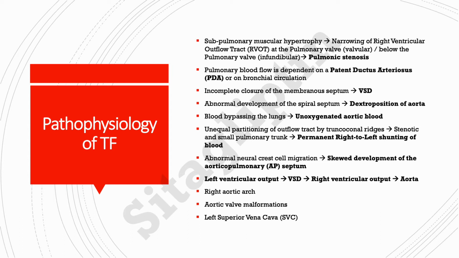And some minor malformations are that there's a right aortic arch, alright, and we have some aortic valve malformations, and we have left superior vena cava. So this concludes the pathophysiology of Tetralogy of Fallot, and moving on to the next slide, we would discuss some signs, symptoms, and complications.